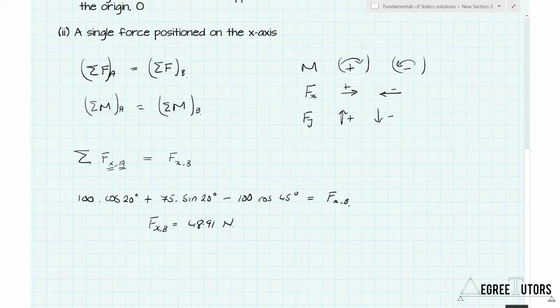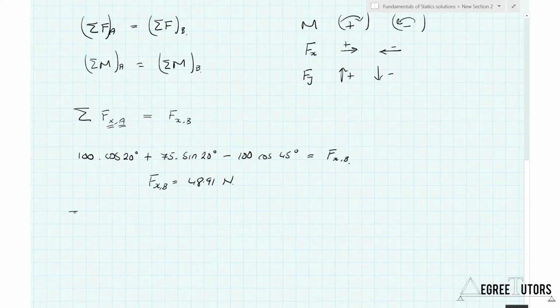Okay, all right then. So now we can go ahead and consider vertical force equilibrium. Doing the exact same thing, we're simply saying that the sum of the forces in the y direction for system A is the equivalent vertical force in system B. So what do we have?